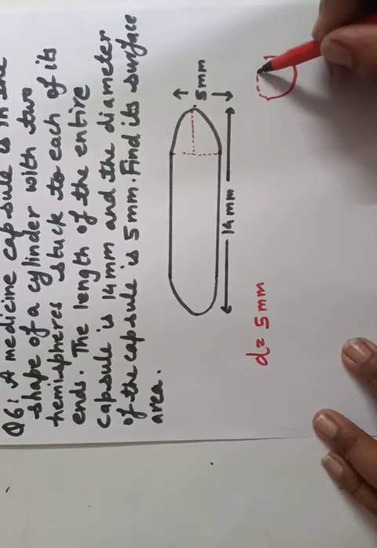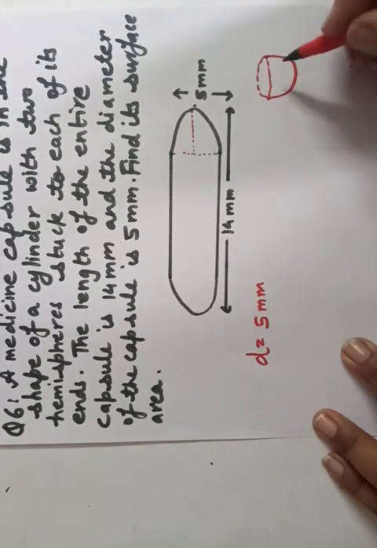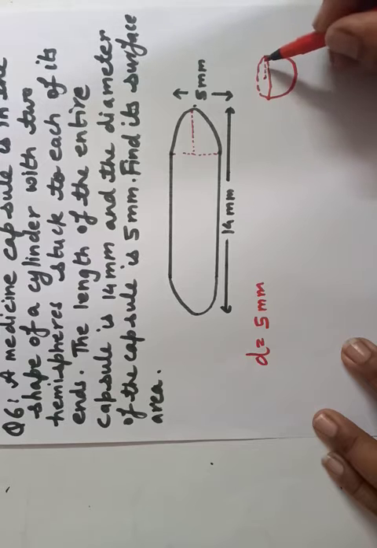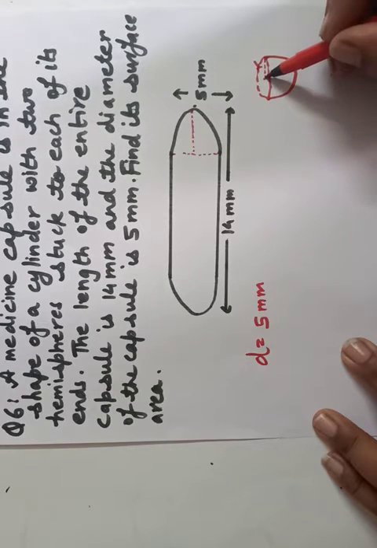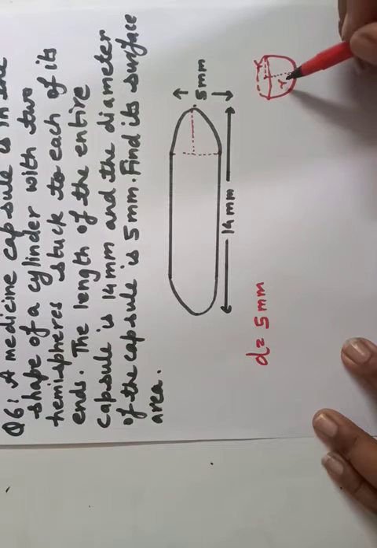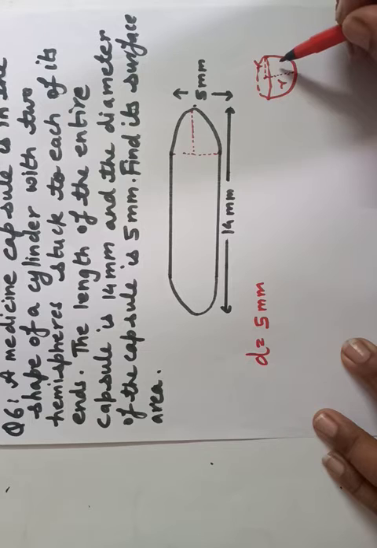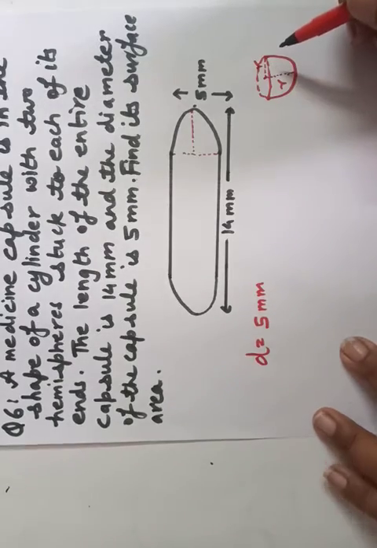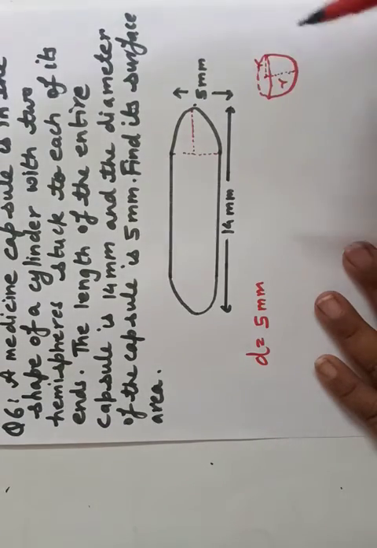This is the radius, small r. So always the radius is also equal to the height of the hemisphere. You should keep this in mind for the hemisphere only, not for the sphere.